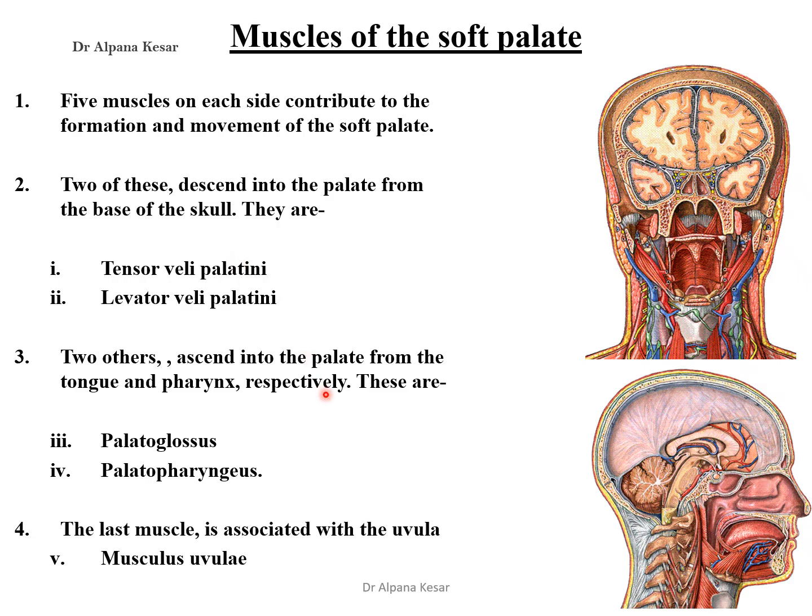Two muscles ascend into the palate from the tongue and pharynx respectively, and they are palatoglossus and palatopharyngeus. Last muscle is associated with uvula and that is called musculus uvulae.